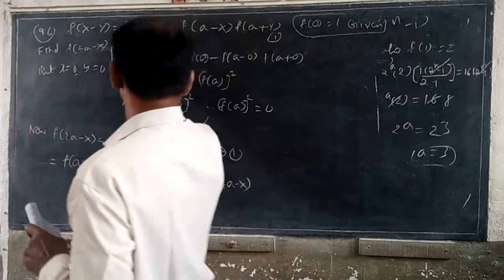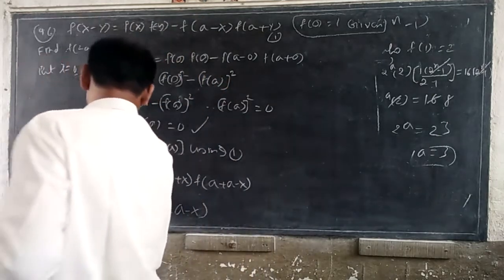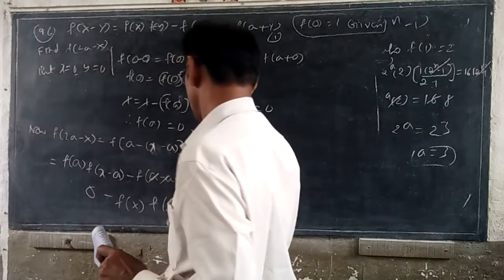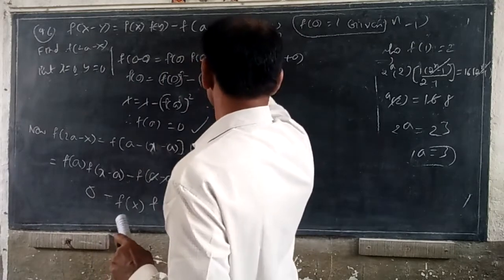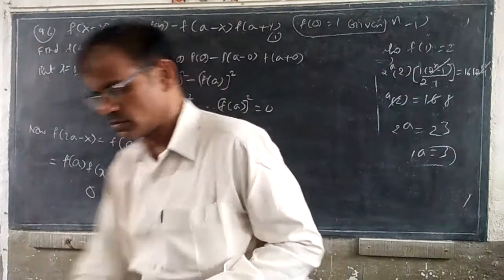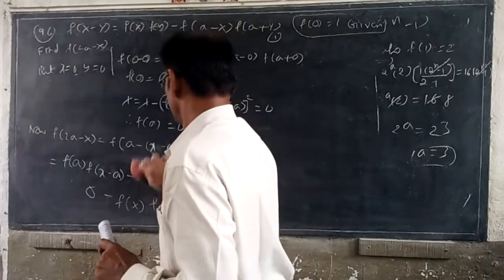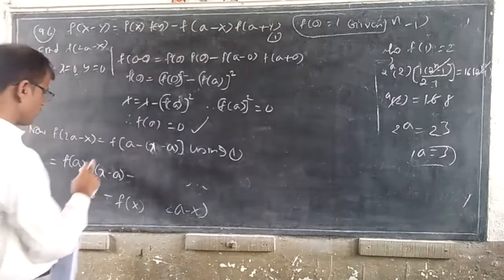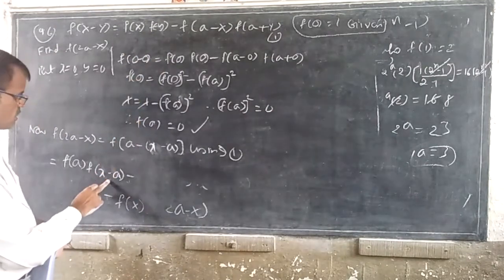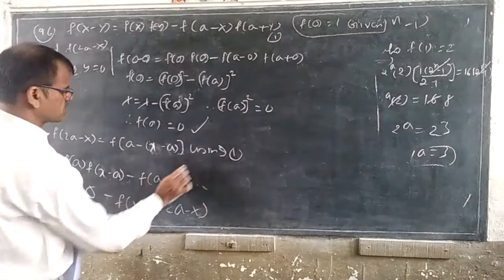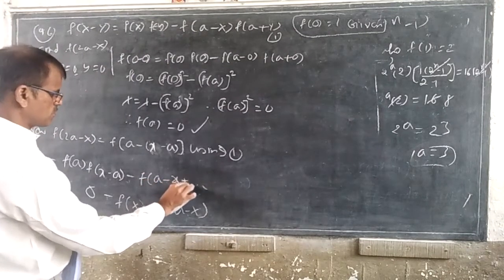Now substitute here. F of a into f of x minus a. This is x minus a. A minus, this is a minus x formula. This is 2a minus x. Using this one, f of x means f of x minus a minus f of a minus x is first minus second.